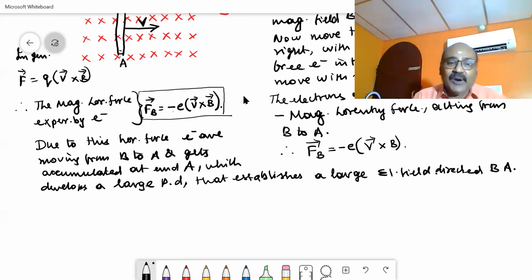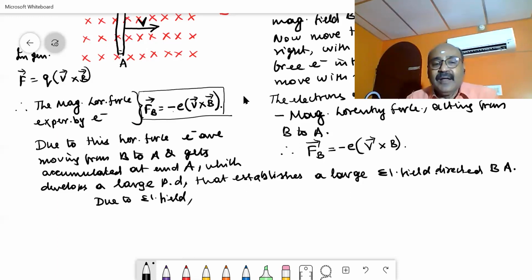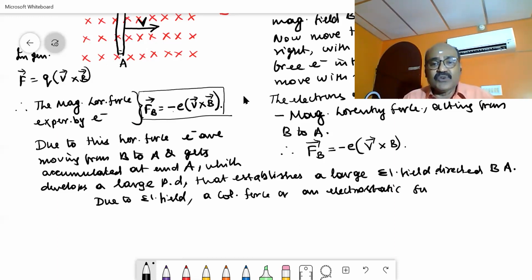So what I have told, I am writing. Due to the electrical field that was being developed, a Coulomb force or an electrostatic force is acting on the electron, or is developed on the electron.